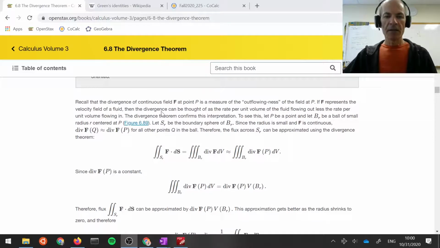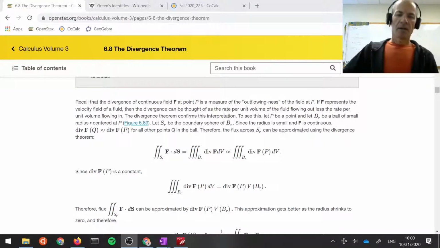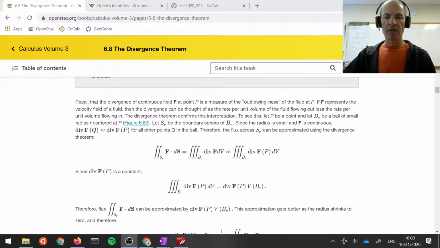All right, another interesting result. You can imagine, again, that the divergence of a vector field is the outflowingness of the vector field at a point P. You can construct around a point in the vector field a little ball, a little sphere around the point.